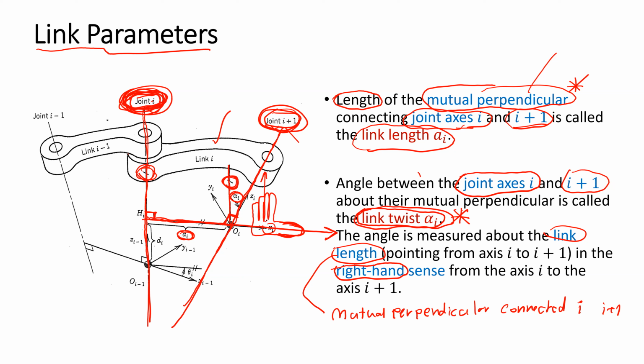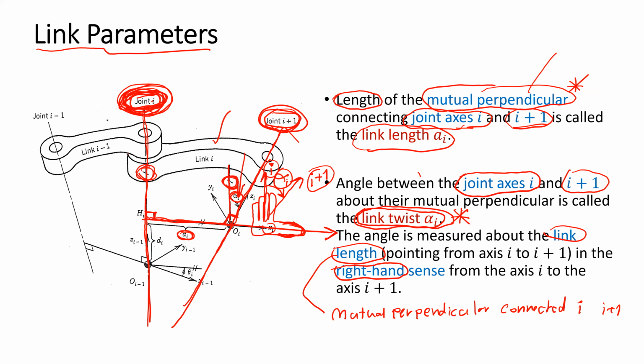Then rotate your finger from the direction of joint i upward to the direction of joint i plus 1. You will have this angle by the right hand sense, and this angle we call link twist alpha i.